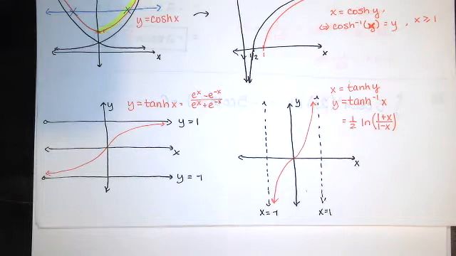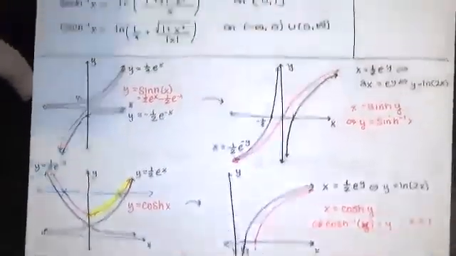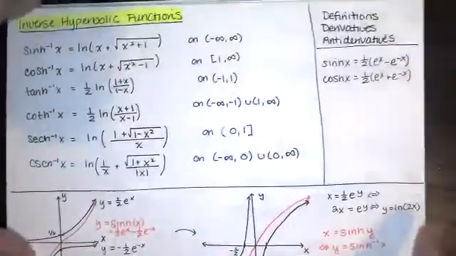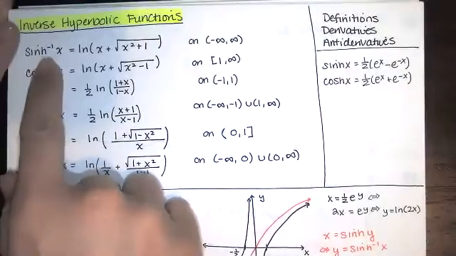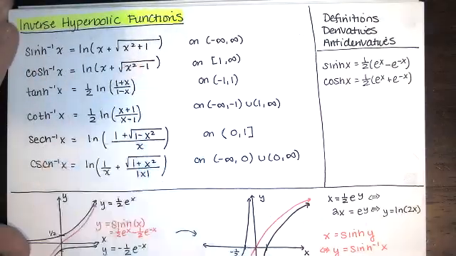I'm not going to look at the inverse graphs for the other three functions, but I would like to prove to you now how the inverse hyperbolic sine of x is actually equal to this function. So let's look at that. And remember how you did this back in your pre-calculus class.